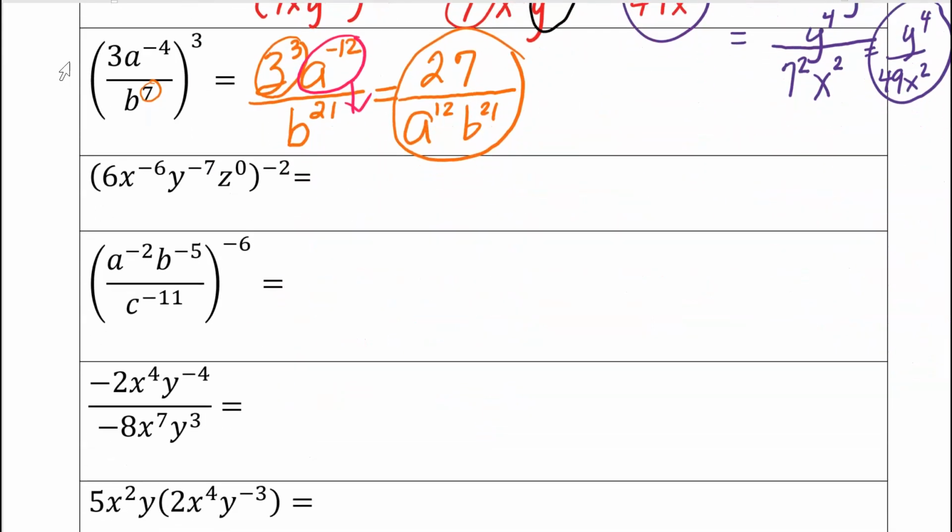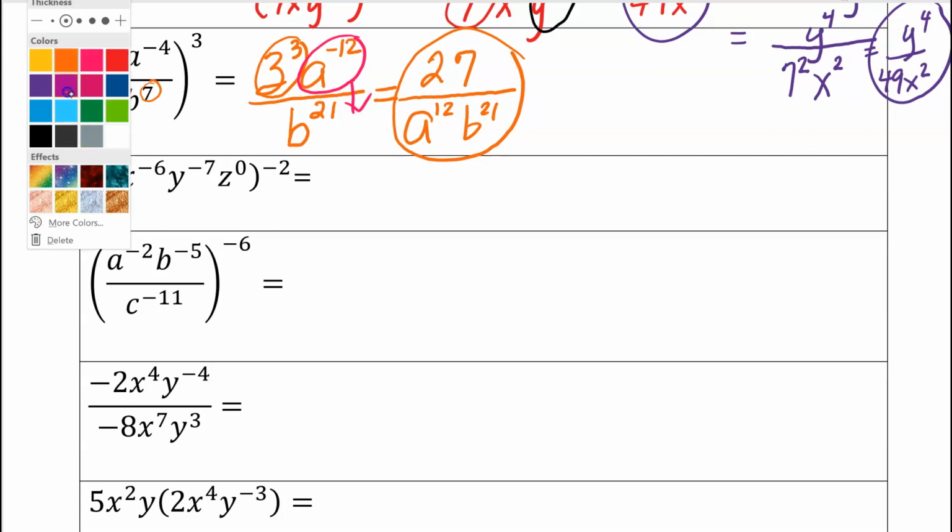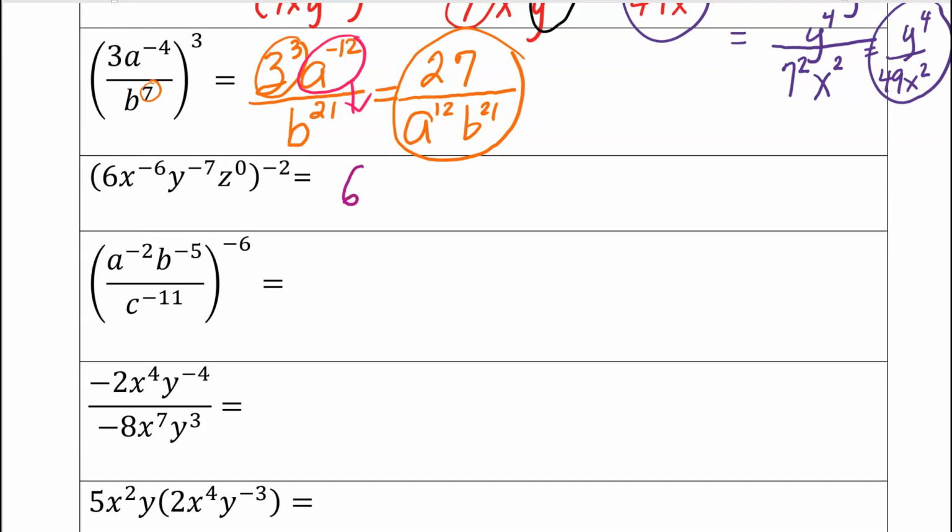Next, we have this problem. Let's take everything on the inside to the -2 power. So that would be 6 to the -2, x to the 12th power, y to the 14th power, z to the 0 power. Now we already know that that equals 1.